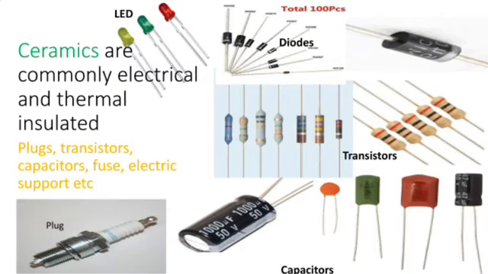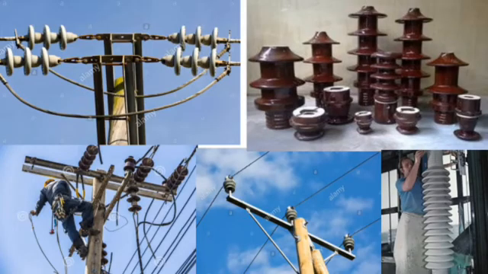Now ceramics are commonly electrical and thermal insulators, like the plug, the transistors, the capacitors, the fuse, the electrical supports, etc. We have the plug down there, the capacitors are here, the resistors, the diodes, and these are the electrical supports.